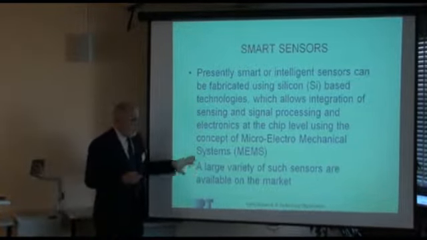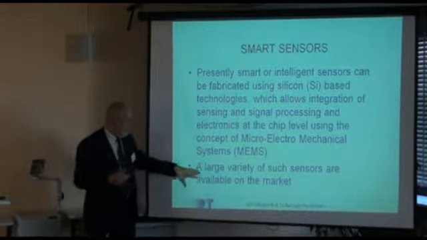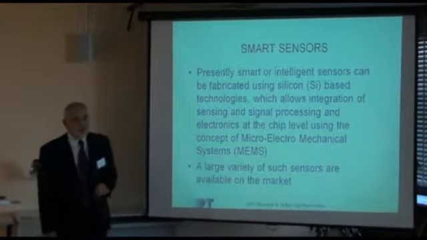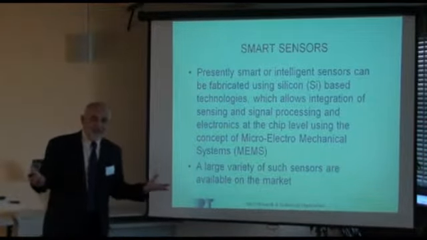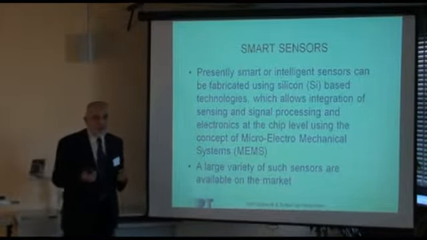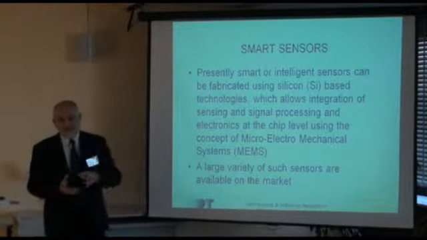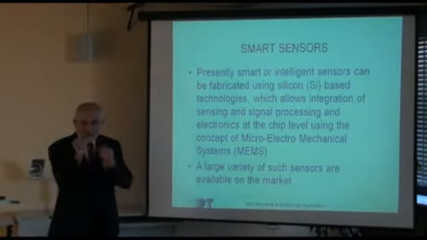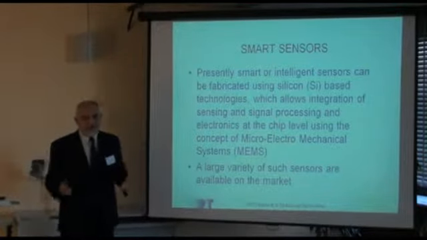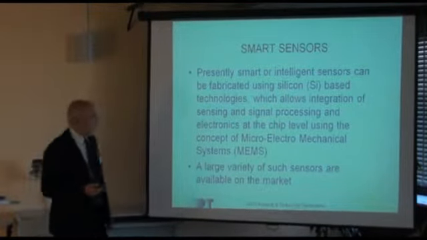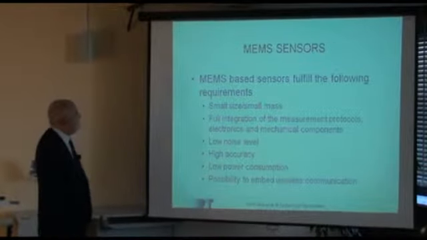So I just want to mention that there is a large variety of such sensors available on the market. If you are just the user, you'll be surprised to see that big, bulky sensors basically have inside just a small chip of silicon. But they are large because the requirements are like that and they have to operate under specific conditions.